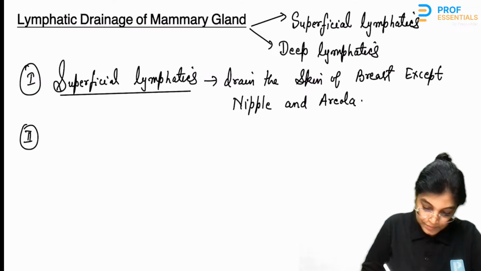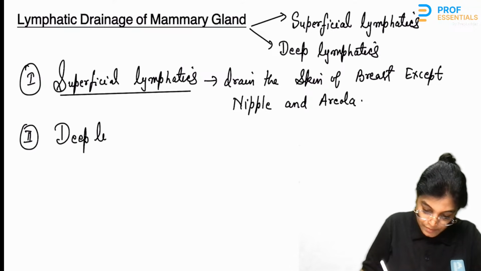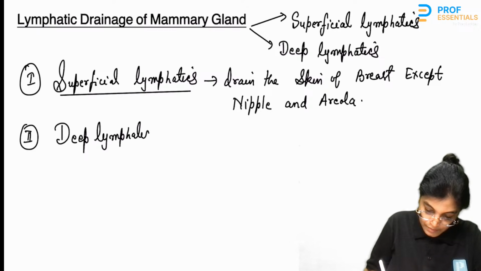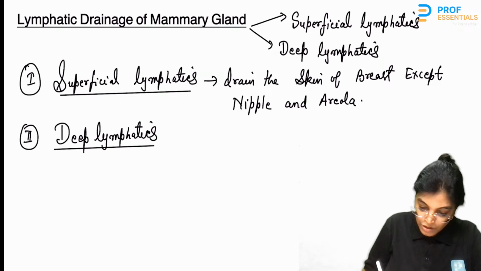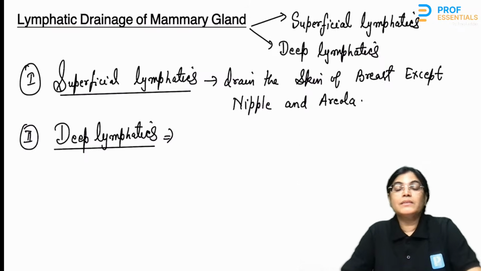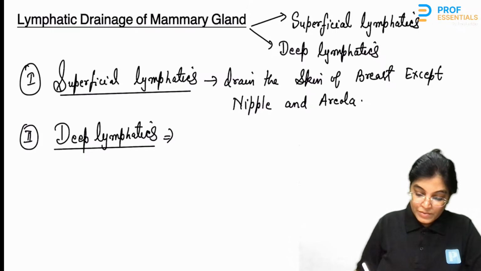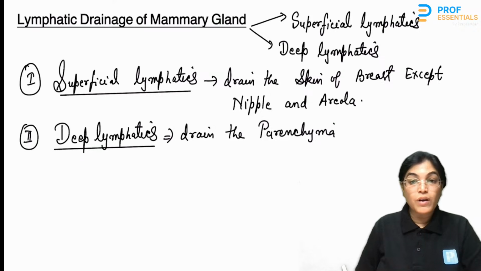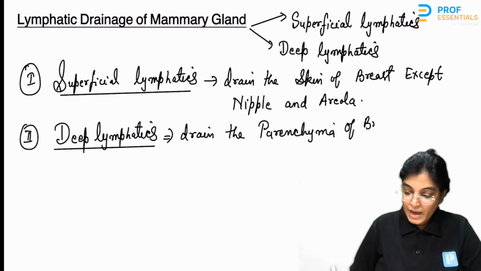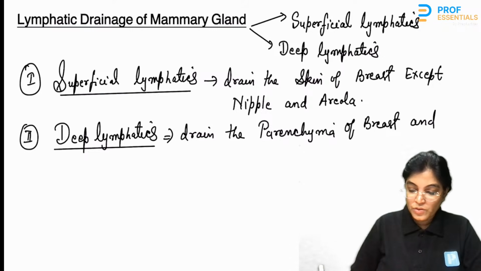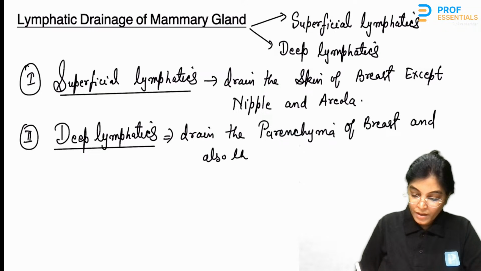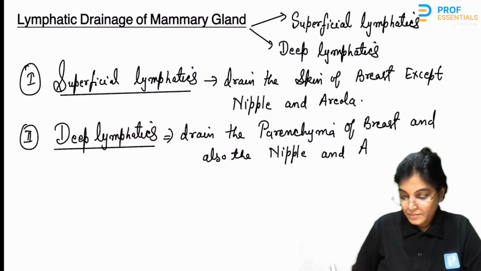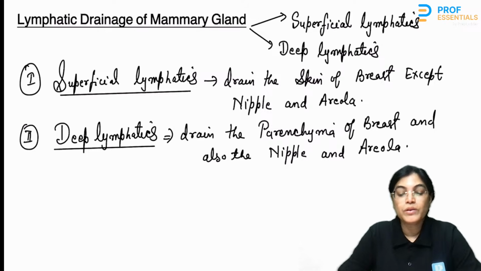Deep lymphatics will drain the parenchyma of the breast and also the nipple and areola. Okay, this is important for you to note down.